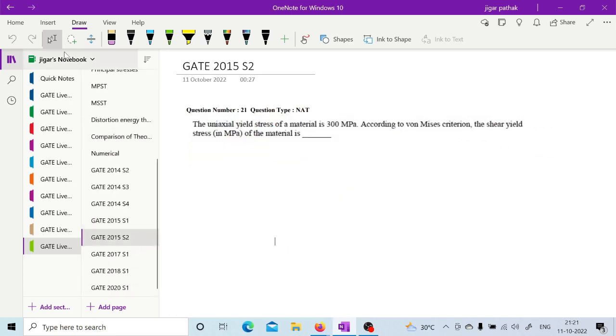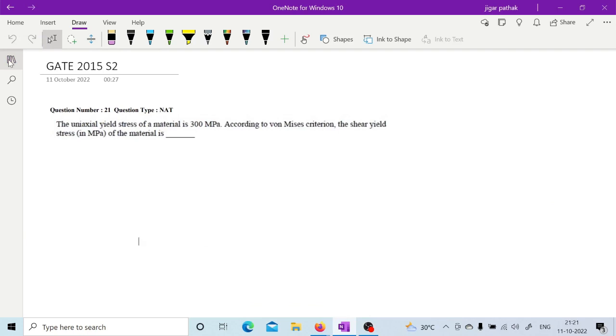Then next, the uniaxial yield stress of a material is 300 megapascal. According to von Mises criterion, the shear yield stress of the material is 173.1 megapascal. Why?